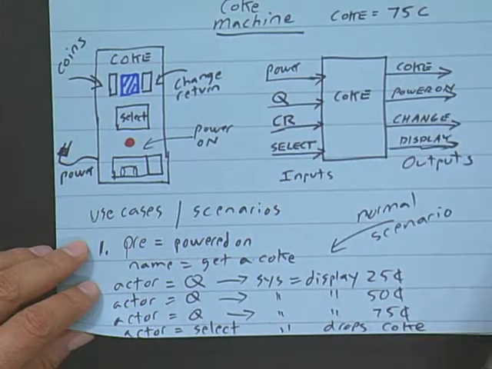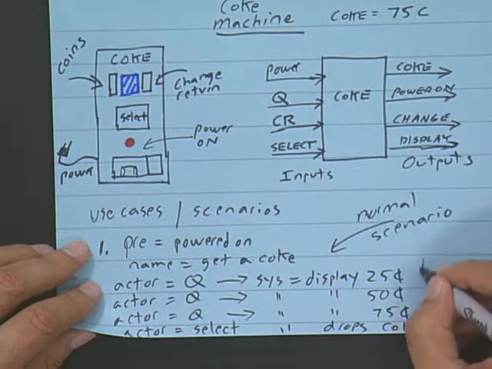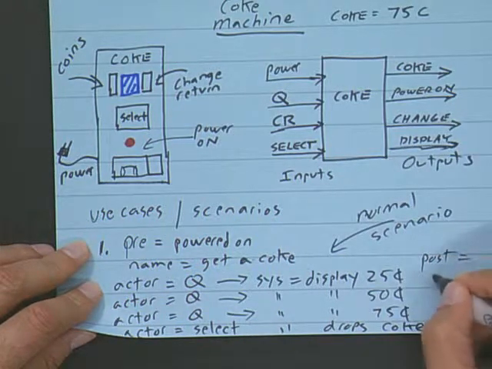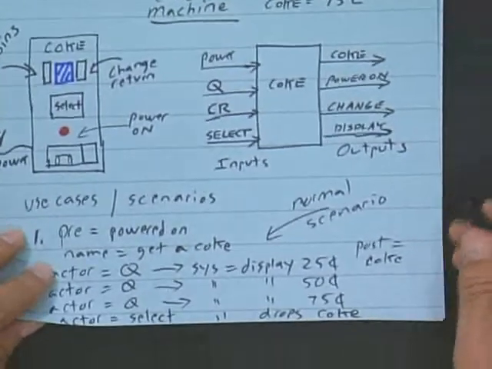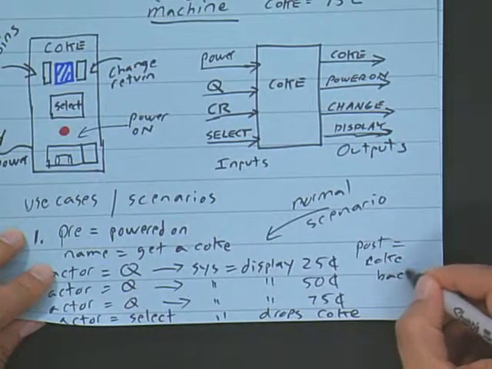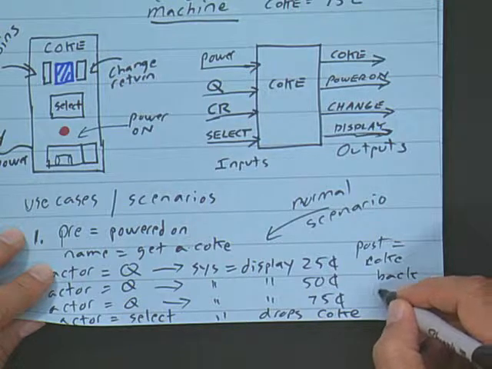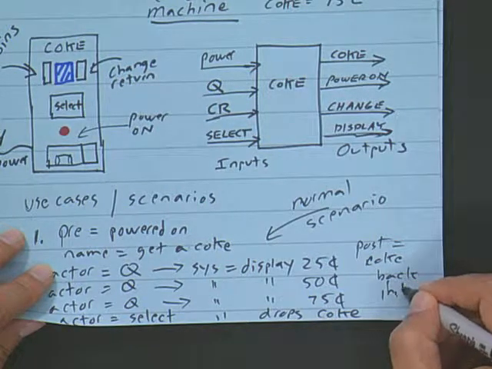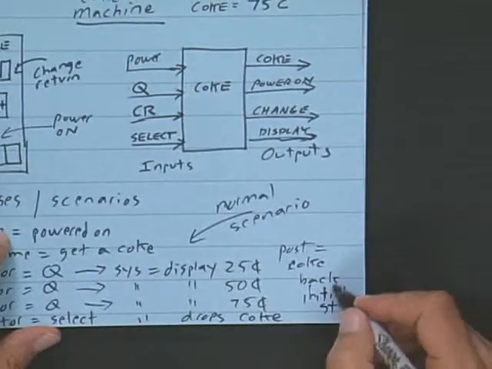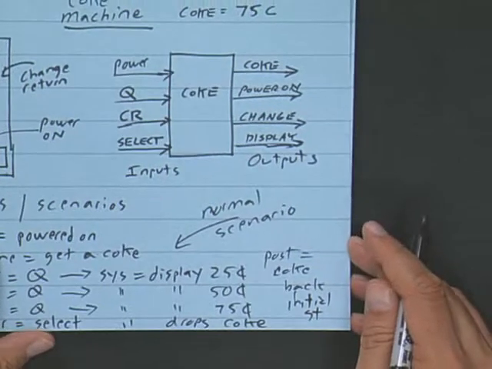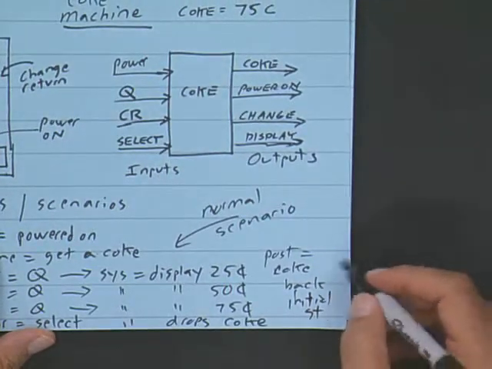The post condition could be, the Coke machine is back in the initial state, or probably a better way, that sounds too implementation specific.